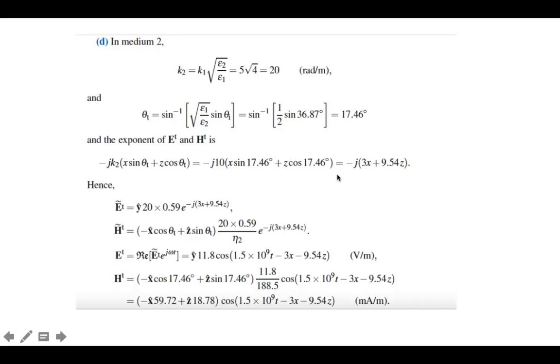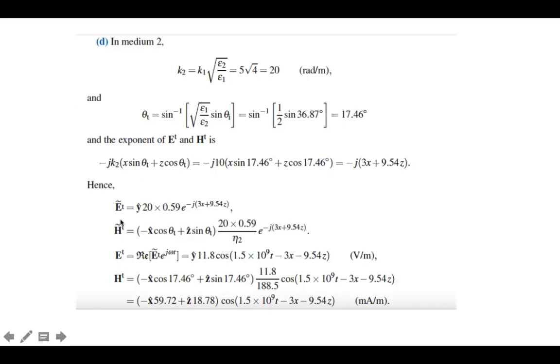So that's what's going to go in the exponent. So when we put that in the exponent, we get the following expression for E. This 0.59 is the transmission coefficient, and 20 was our original amplitude.